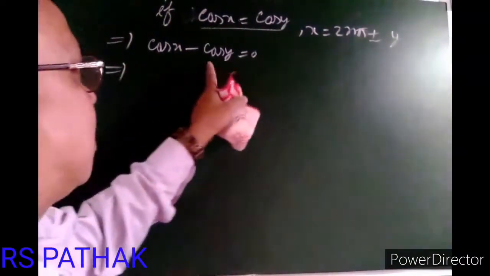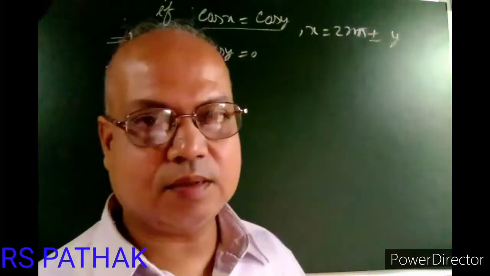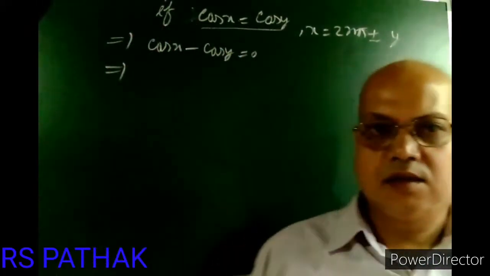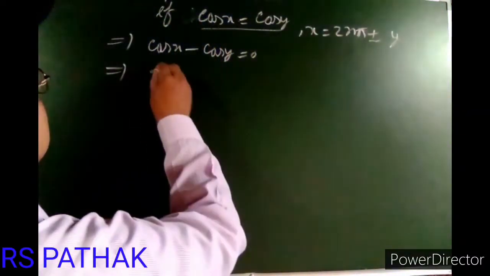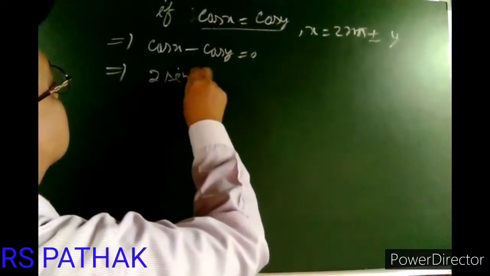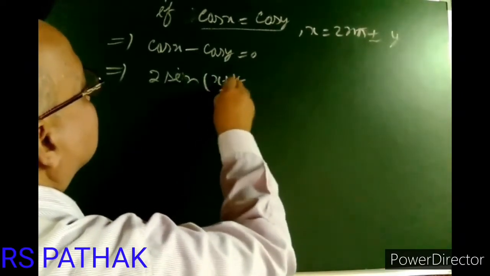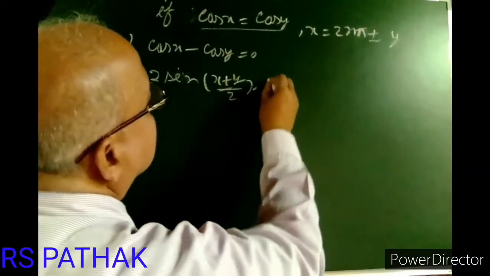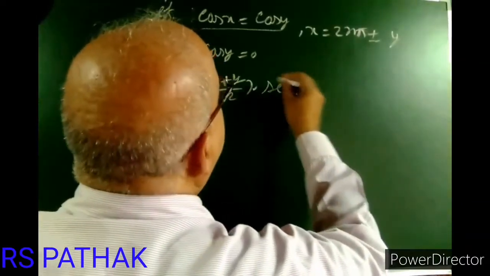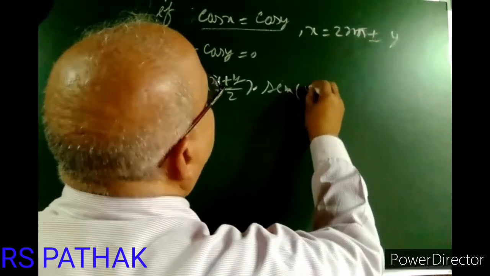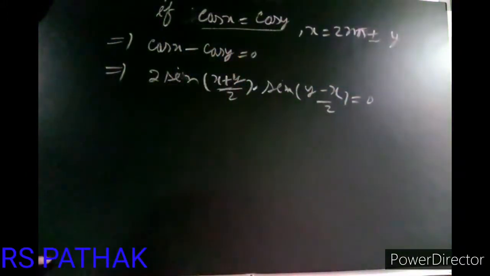I am applying the formula cos c minus cos d. The formula is 2 sin (c plus d) upon 2 into sin (d minus c) by 2, means sin (y minus x) upon 2, is equal to 0.